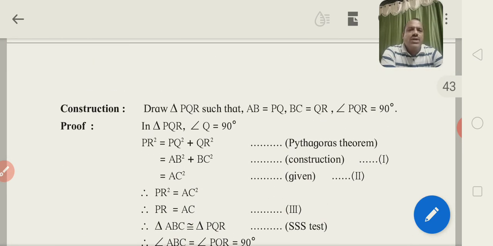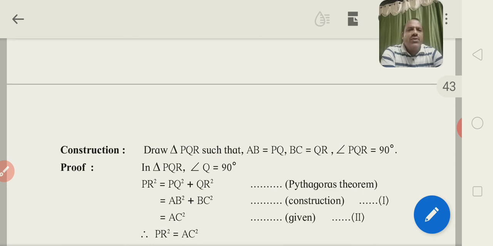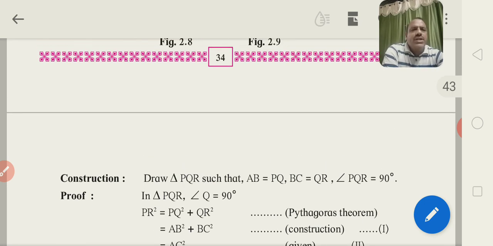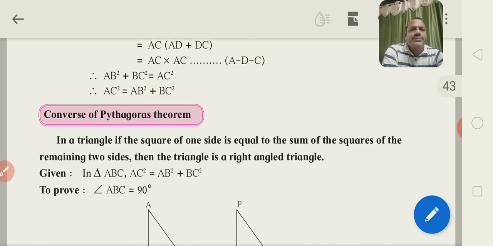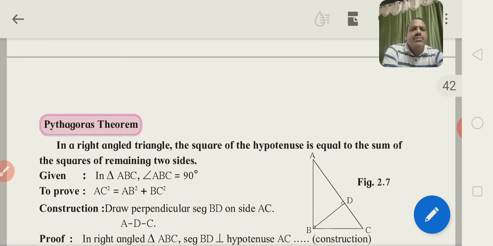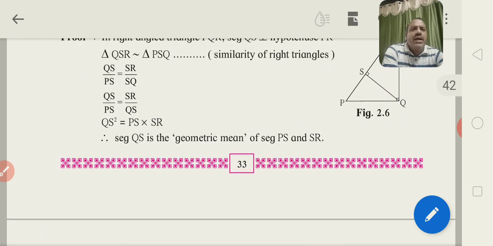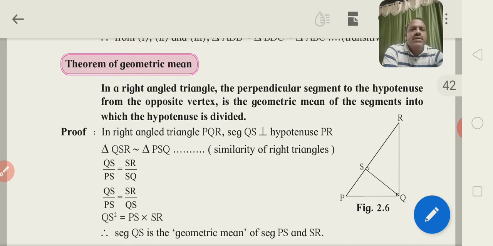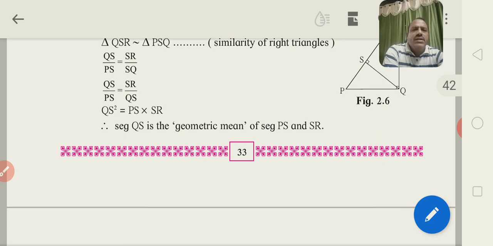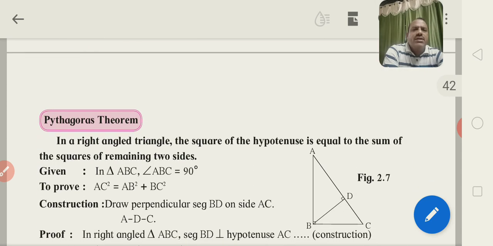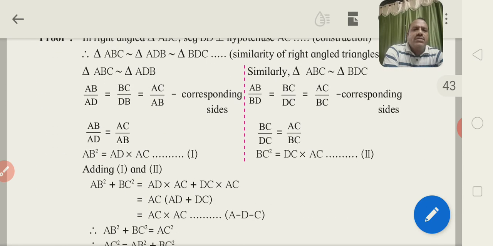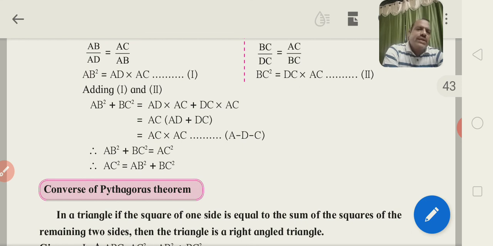Then students, in our homework, write down these three theorems carefully and learn them. First, write the theorem of geometric means. Then second, learn the Pythagoras theorem, and third, the converse of the Pythagoras theorem.